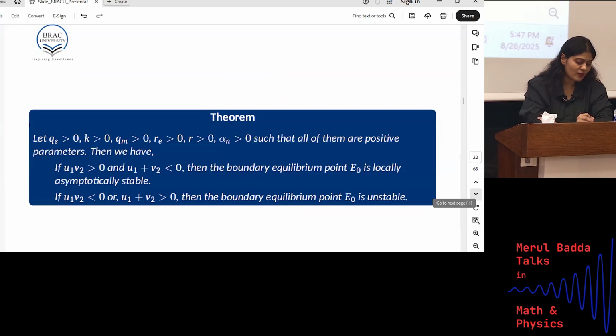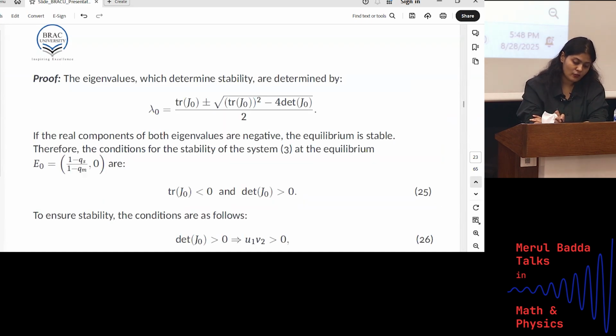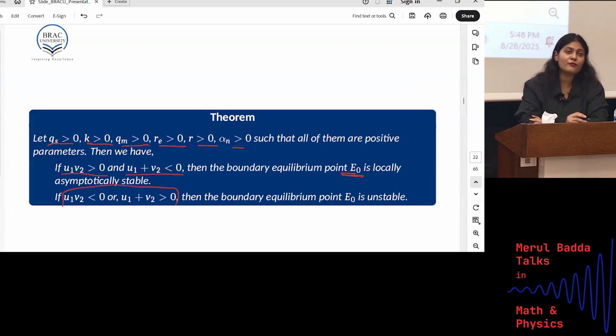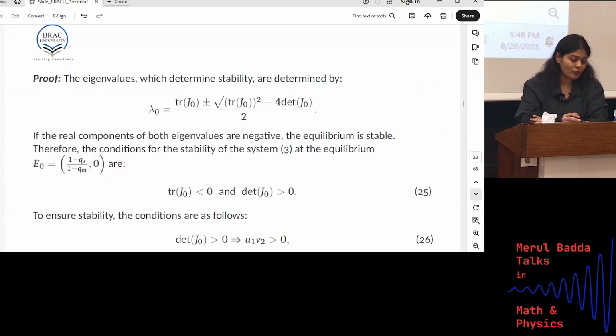As every variable is greater than 0, we can write that if this is greater than 0 and this term is less than 0, then the boundary equilibrium point E naught is stable, and otherwise it is unstable. As this is our quadratic equation, we can find the roots of this equation by using this kind of formula.